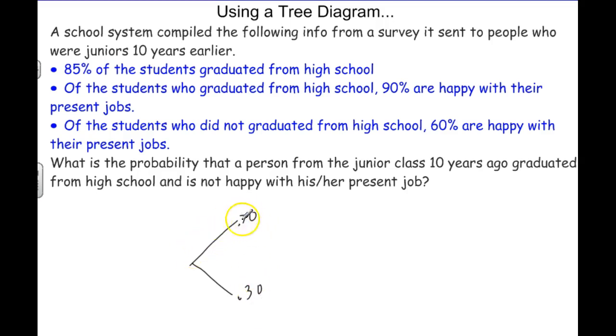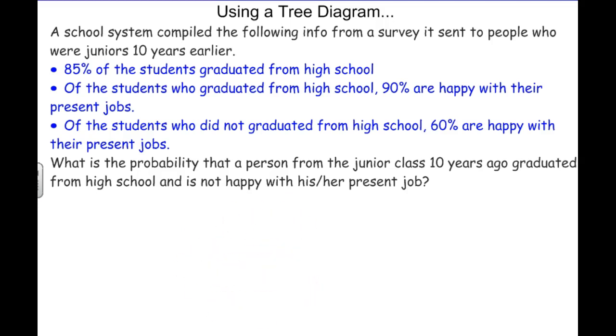If there were 3 branches, and this one was 0.2, and this one's 0.7, this one would have to be 0.1. Does it make sense? Like these are going to add up to 0.7 plus 0.2 plus 0.1 is 1. So they're going to always add up to be 1 each time you have a group of branches like that.